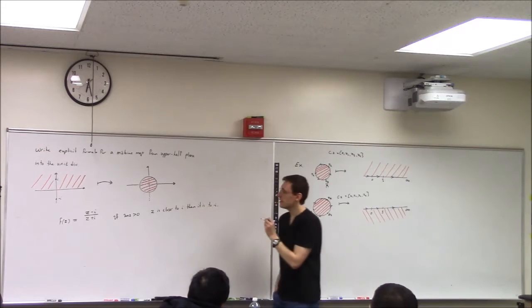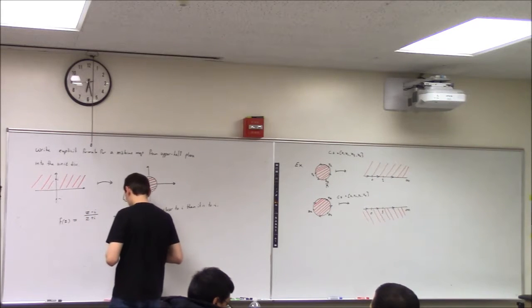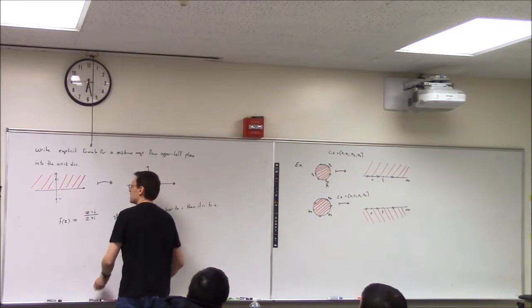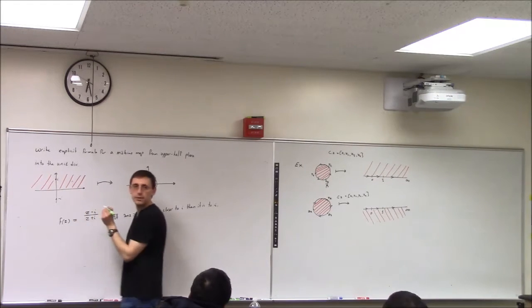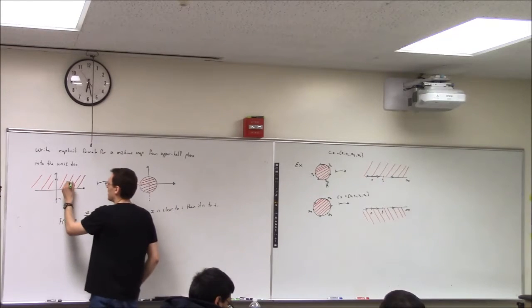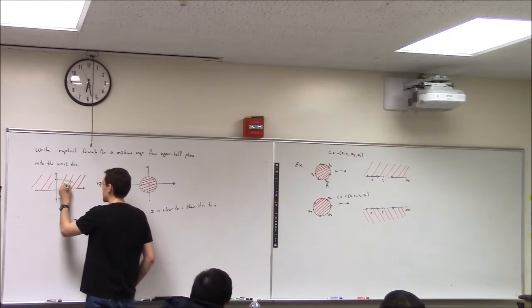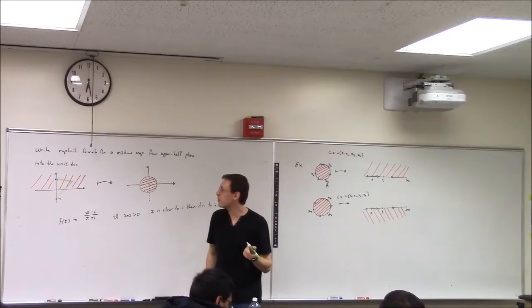Do you agree? What I do is I select any point z in the upper half plane, and I'm going to show that it must be mapped into the interior of the disk, and that's because it's closer to I than to minus I. Do you agree?